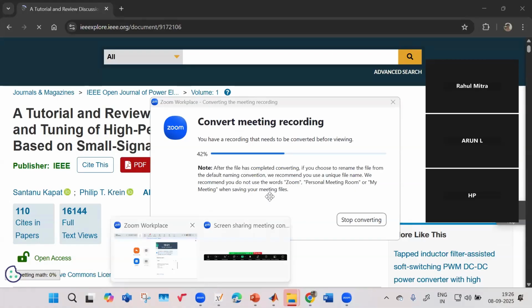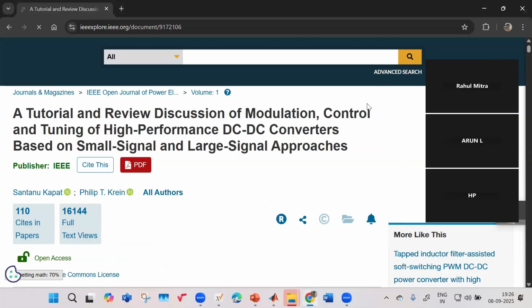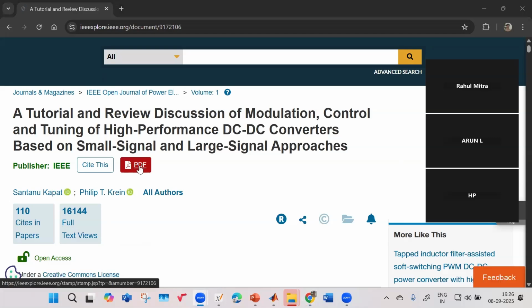I'll just open this. It is very huge, so you don't need to read it. You can just see the important topics which you could refer to. This is open access, in the Open Journal of Power Electronics, so you can download it whether you have IEEE access or not. It's taking time.